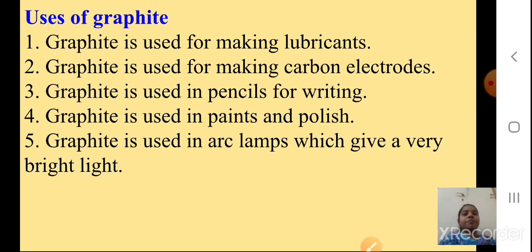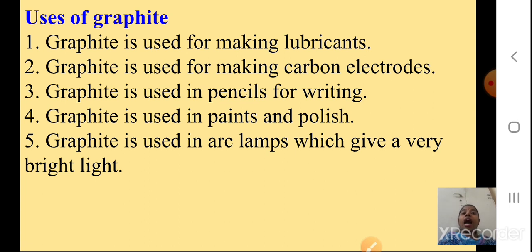Uses of graphite. Graphite is used for making lubricants. Graphite is used for making carbon electrodes. We have used carbon electrodes in the experiment in electrolysis, if you remember. Graphite is used in pencils for writing. Graphite is used in paints and polishes.